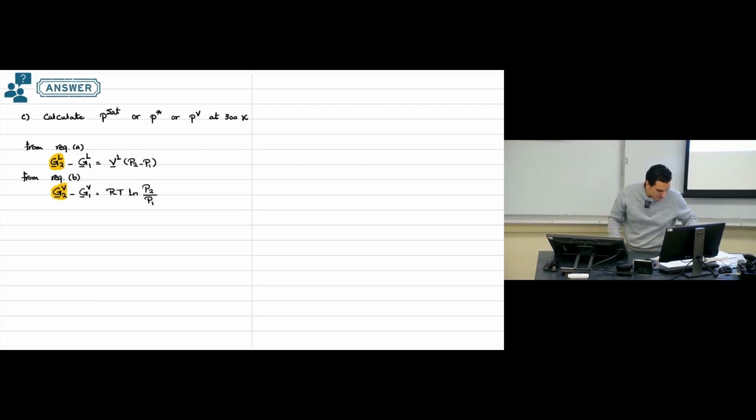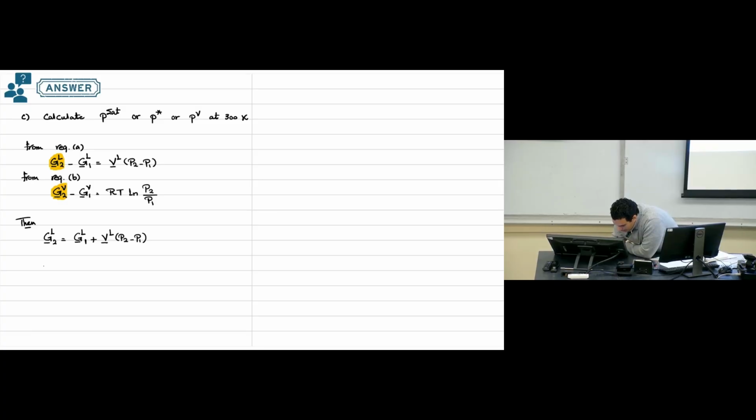So if we start substituting in this one, from this equation, the molar Gibbs free energy of liquid at the second condition equals the molar Gibbs free energy of liquid at the first condition plus the molar volume of liquid times P2 minus P1.